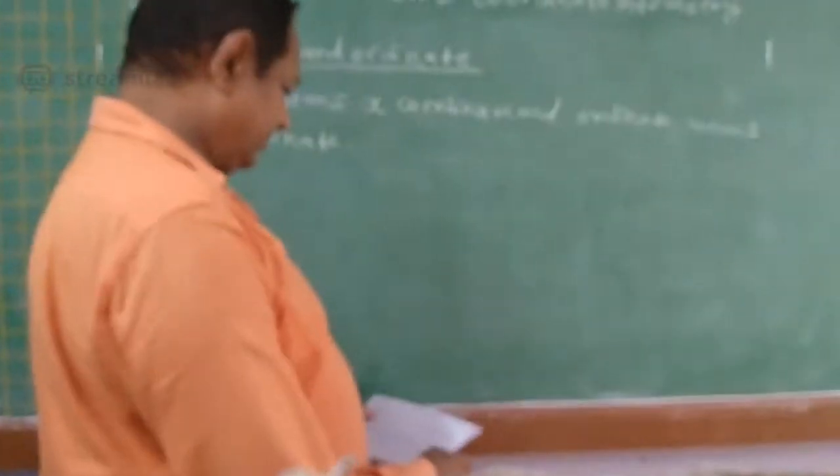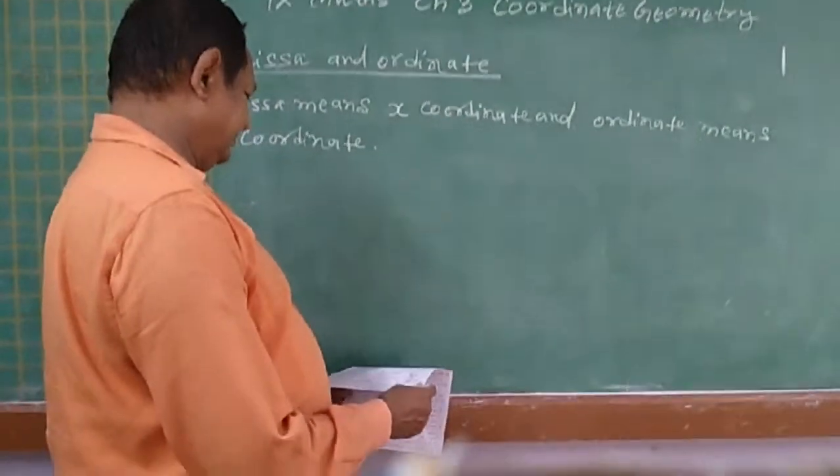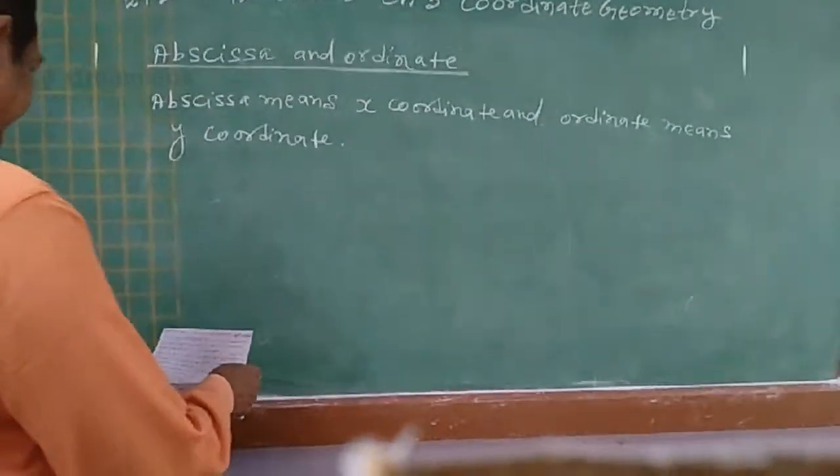So x coordinate is called abscissa, y coordinate is called ordinate.